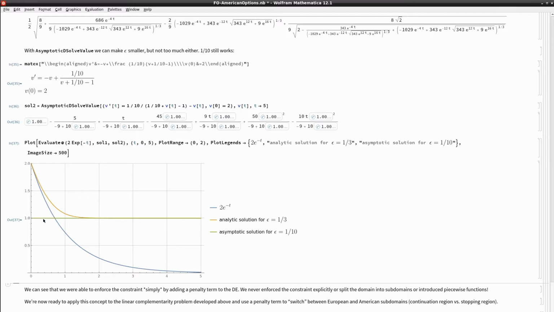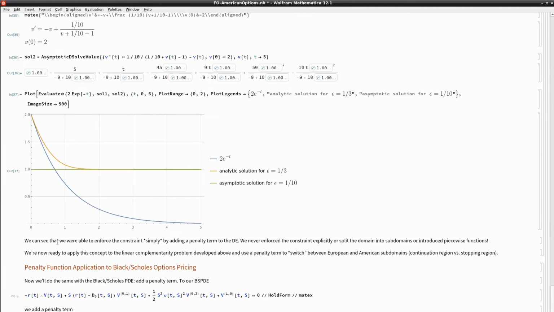The constant value of 1 is of course wrong on the left side. It's okay for the right side, but nothing really is approximating our blue curve on the left side. So we're doing pretty bad when we use numbers like 1/3 and 1/10. We really have to get to a small epsilon like 1/1,000,000 up here.